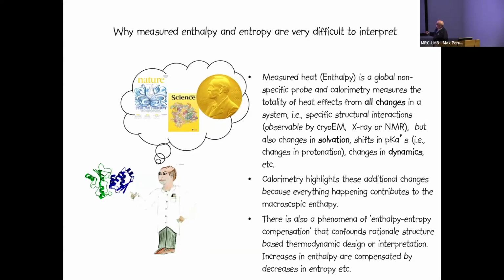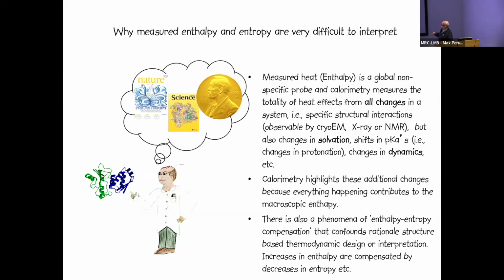That's all very well, but the problem that we have is that the measured heat, the enthalpy that we're measuring in our calorimeter, is a global and non-specific probe, and what calorimetry measures is all of the heat that's released in the process.